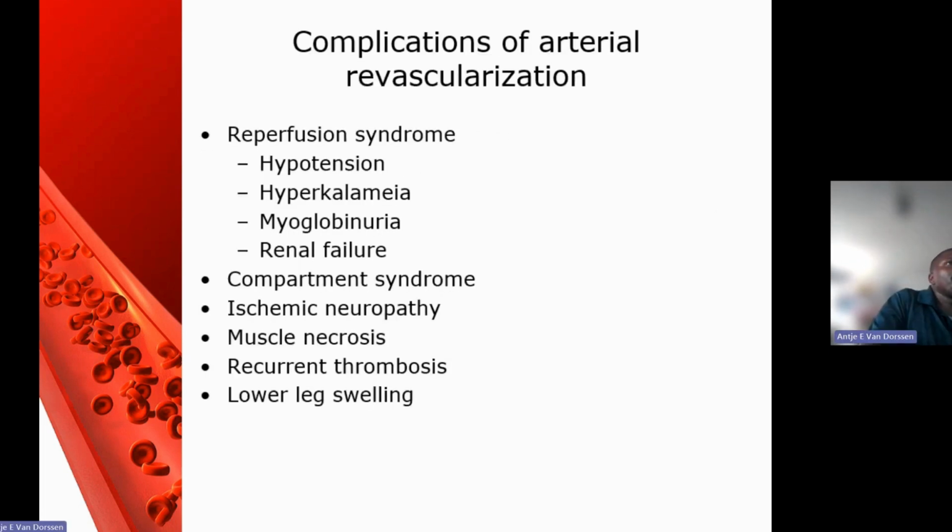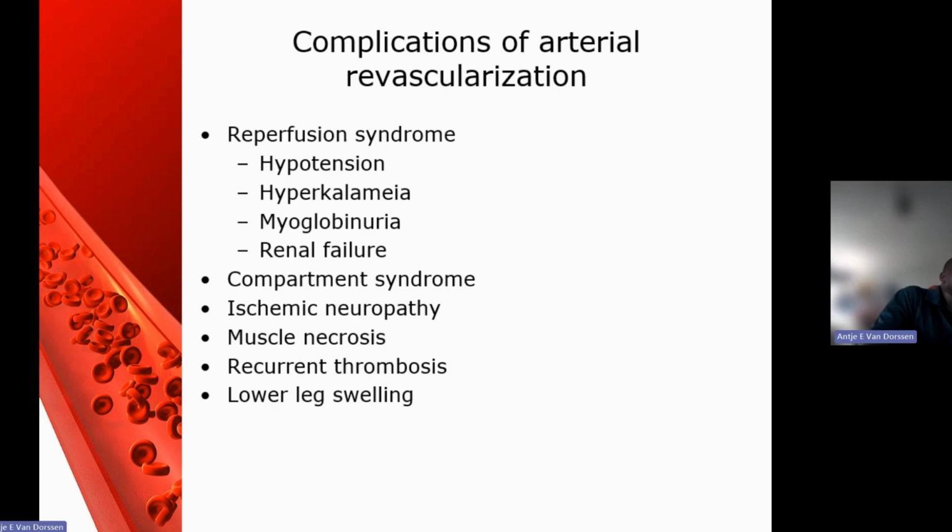So the complications of arterial revascularization, like we said, is the reperfusion syndrome. Most of these patients will have hypertension, hyperkalemia, and myoglobinuria, which will crystallize in the glomeruli and subsequently lead to renal failure.